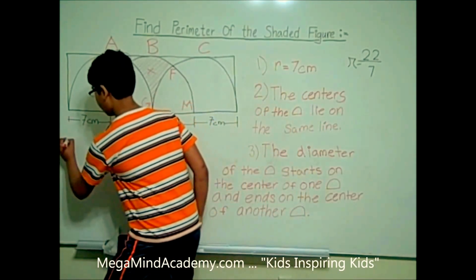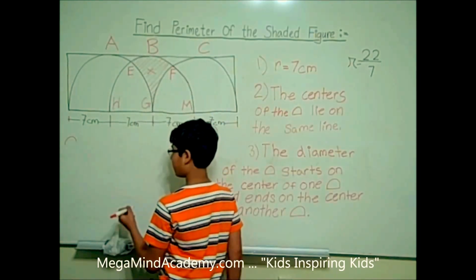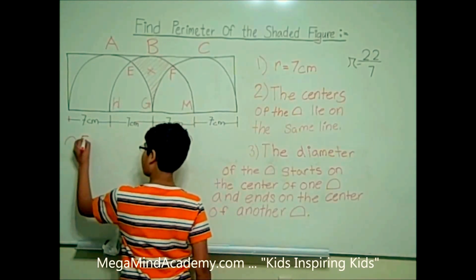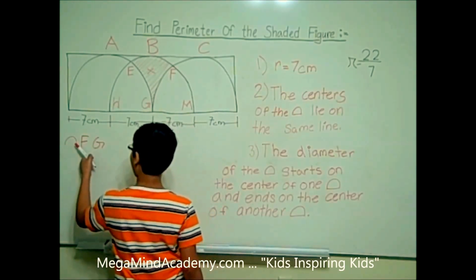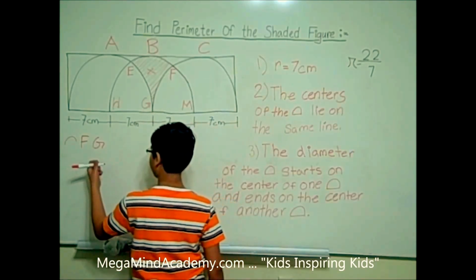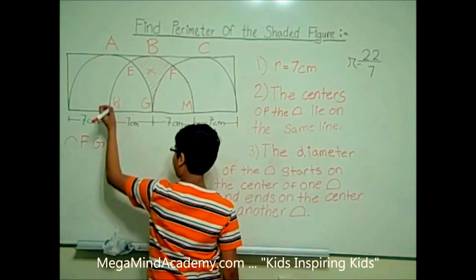So arc FG, this is the symbol for arc. Arc FG is equal to arc EH.